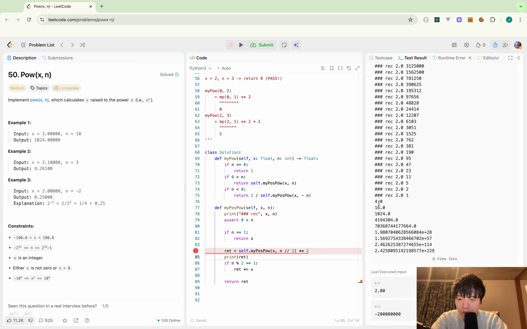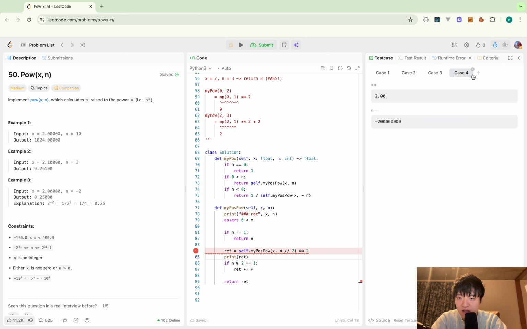Oh, it's going back. Maybe too large, does it mean? Yeah, obviously this is too large. What's happening here? So let me try what happens with 2 and positive this number.